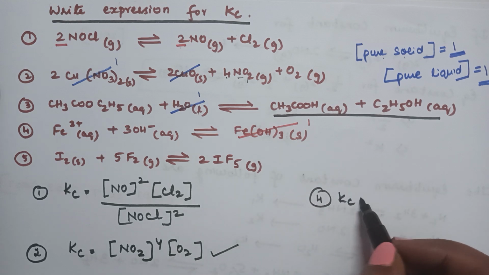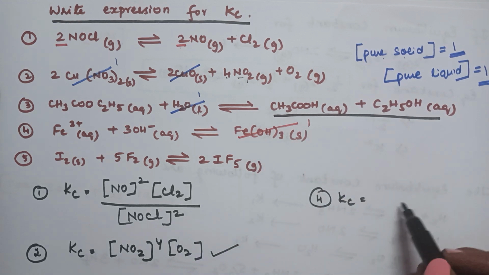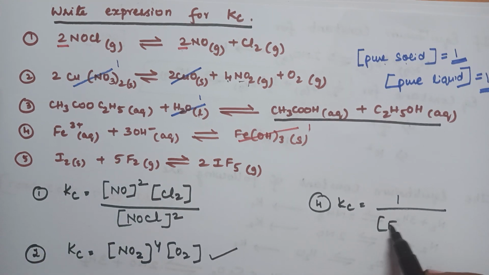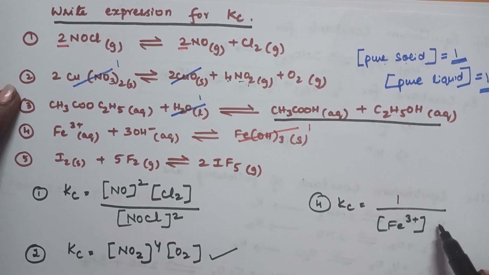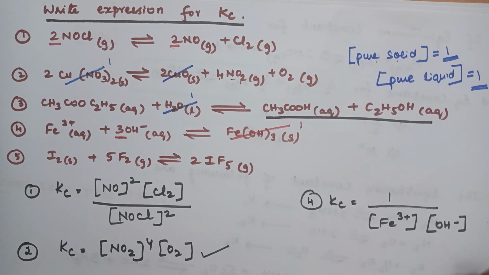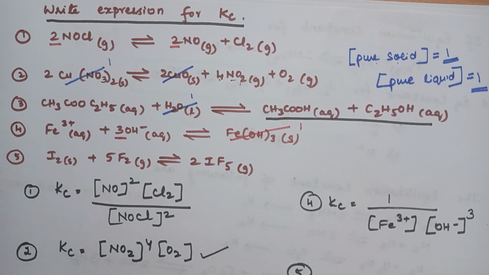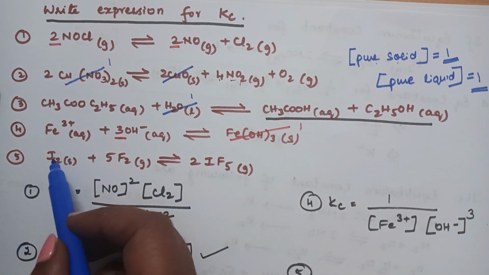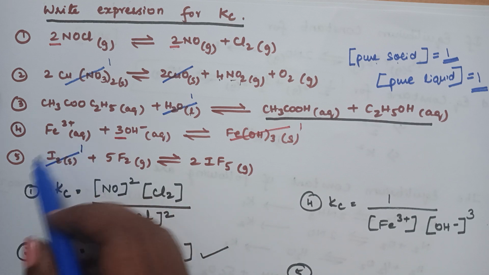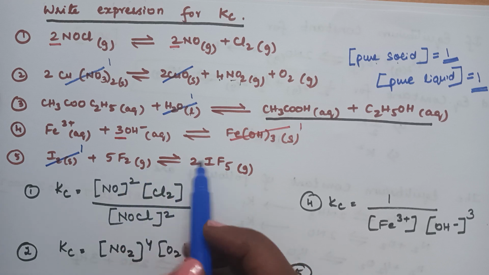So Kc is equal to 1 divided by the reactants, Fe3+ and OH minus, with the stoichiometric coefficient as power, so to the power of 3. Fifth one. Here I2 is a solid, so its value is 1 and there is no need to write it in the expression. Leaving this, we can write the other two.